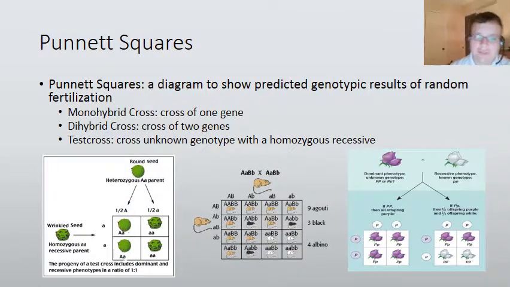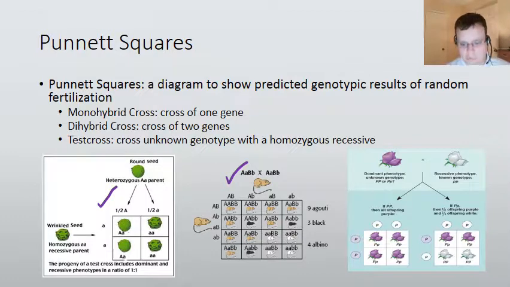So these are just different types of Punnett squares. Punnett squares just help predict a genotypic result of a fertilization between two different parents. In this case we have a monohybrid here, which is just one gene. So we're just looking at seed shape here: round seed versus wrinkled seed. Here, a dihybrid, so this is my dihybrid here, and this is where you're looking at two genes.